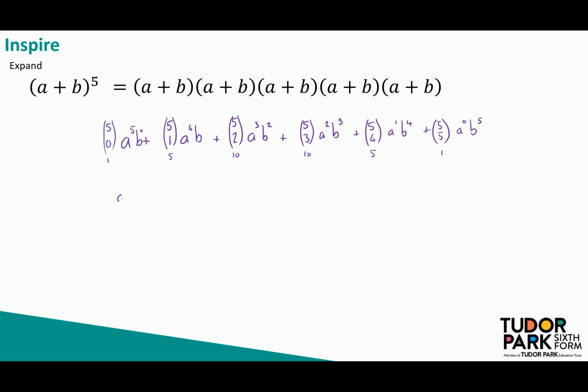I would have a to the power of 5 plus 5 lots of a to the power of 4 b plus 10 lots of a cubed b squared plus 10 lots of a squared b cubed, 5 lots of a b to the power of 4, and then finally b to the power of 5.